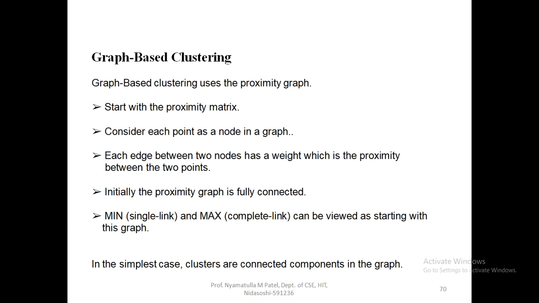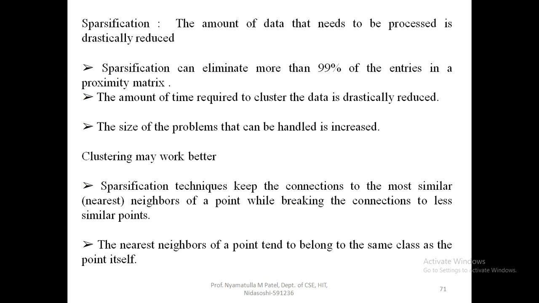So, in graph based clustering, initially the proximity graph is fully connected. Now all these points cannot become part of a cluster, because some of them may be in a region, but some of them may not be, and some may be outliers or noise points.